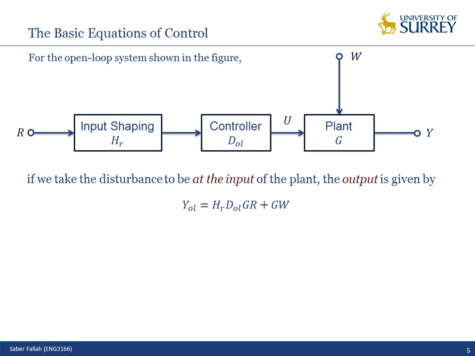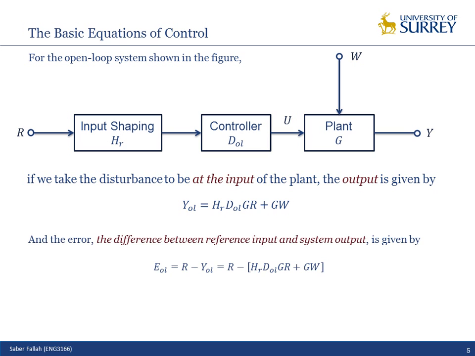So, the assumption is clear to everybody. Go to the next step. But again, as I said, the most important objective in the control system is to make the error zero. What's the error? It is the difference between the output and the reference input.